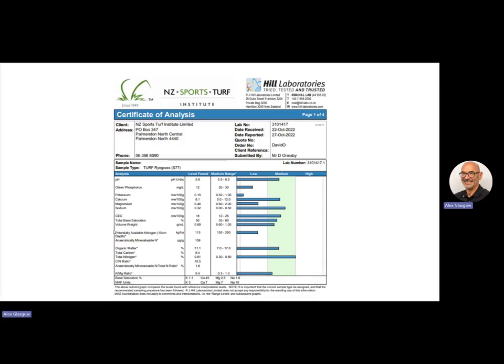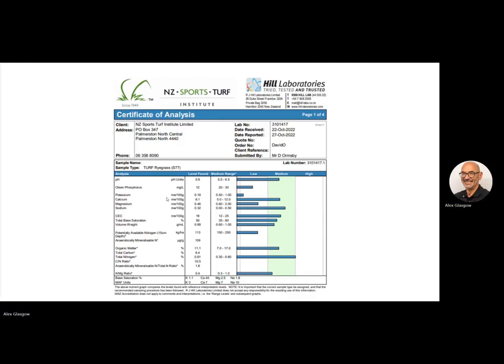This result sheet also has this stuff here, which is, you can see there's some nitrogen and organic matter and other stuff in there. That's what's known as the organic soil profile. It's an extra test that you have to ask for, and it costs additional money. I'm not going to be talking about that today, but I will at some other point. But just today, we're talking about the basic test, which is these things here.